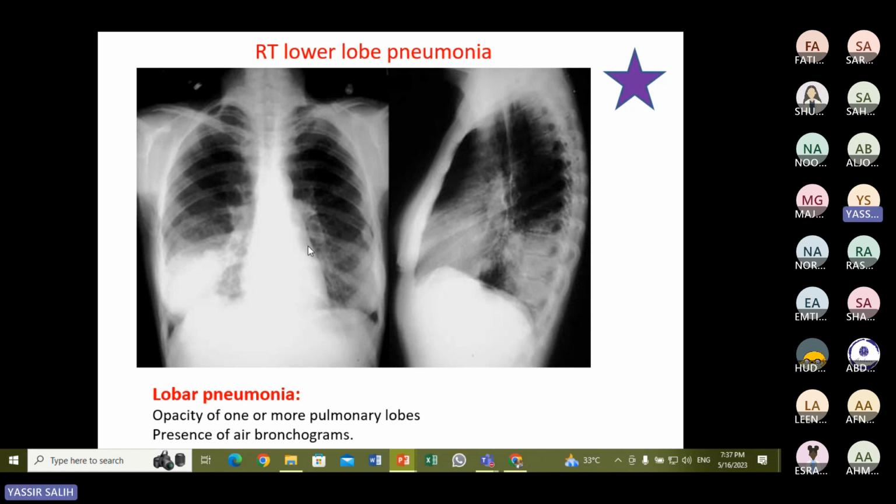The most important are these three: right upper, right middle, and left lower.